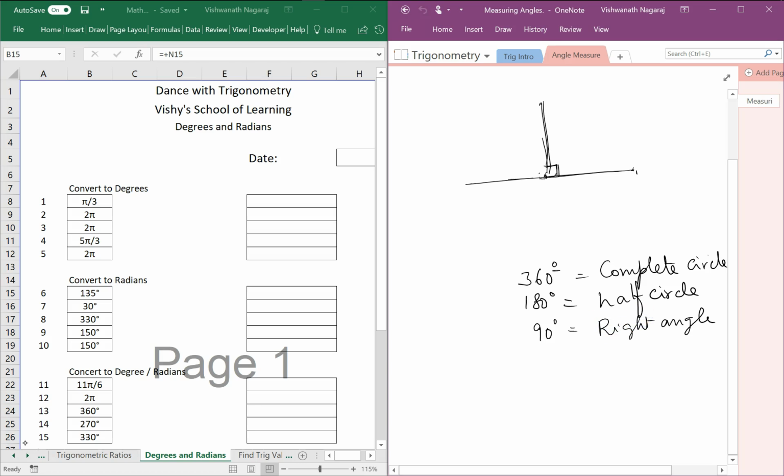Okay, so now we have 360 degree, 180 degree, 90 degree. We have seen one full circle, half circle and quarter circle. So what about 3/4? As I mentioned, it will be 3/4 of 360 degree, or a half circle plus a right angle. So this would be 270 degree, right? 3/4 circle.